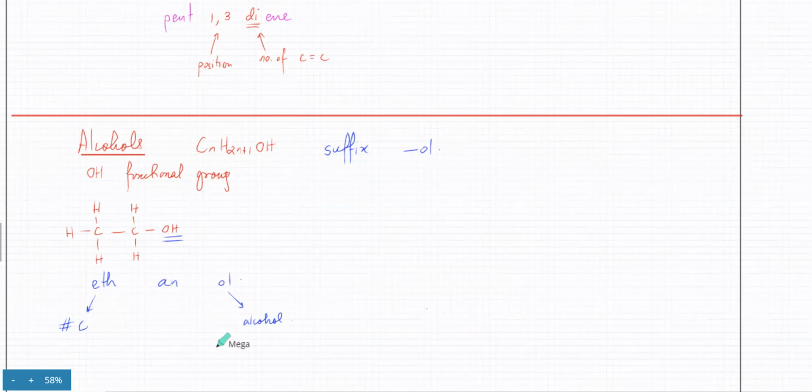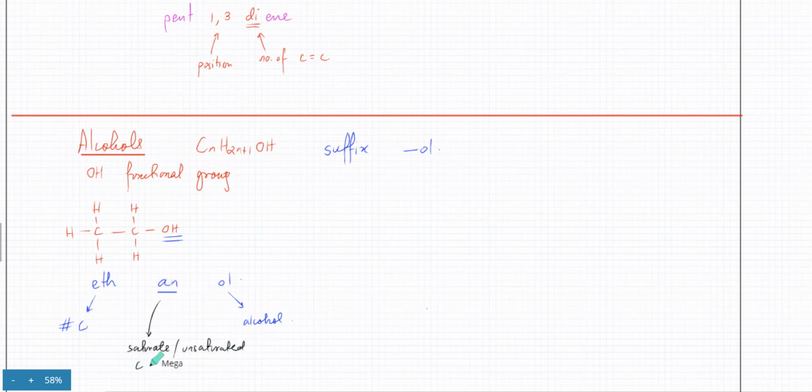What does 'en' over here represent? You've studied this previously as well, but it was never discussed what this 'an' stood for. Why isn't it ethyl? Why is there an 'an' over there? The 'an' has a role as well. The 'an' tells you whether the molecule is saturated or unsaturated.